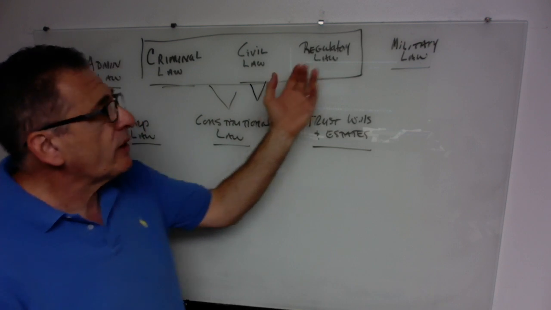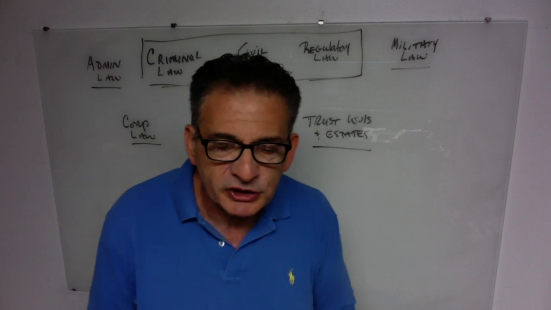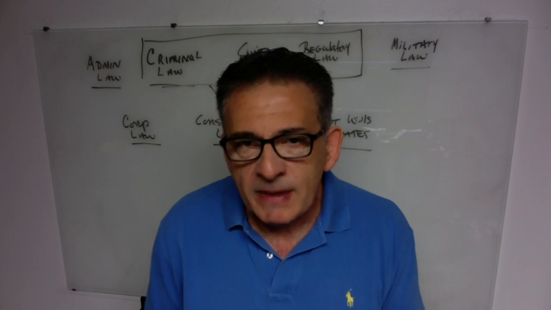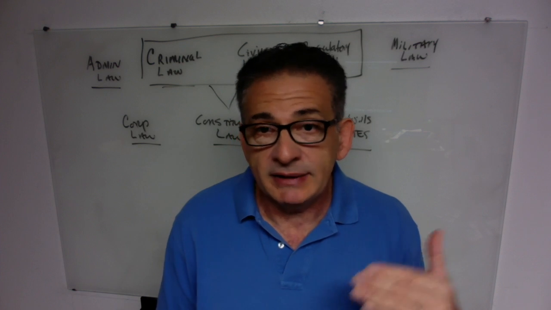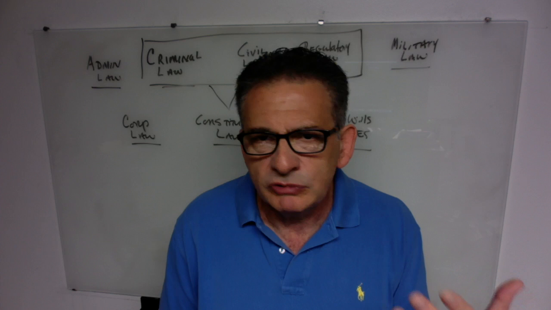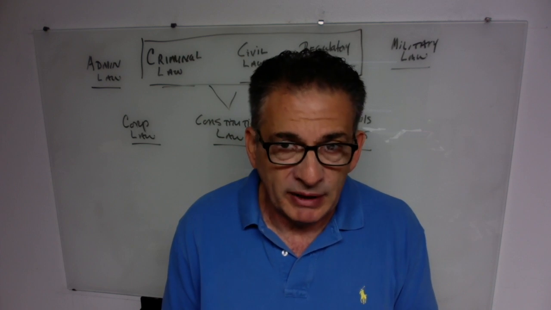All right, then there's regulatory law. Regulatory law is just based on different industries and different endeavors have different regulations on them. And the regulations are to guide conduct so that folks don't do things, companies and the like, that are going to damage people, right? So there's regulation.